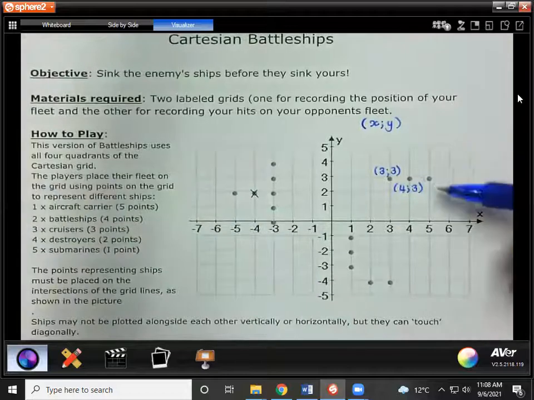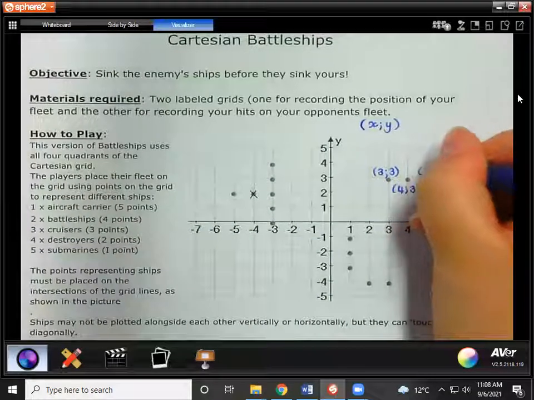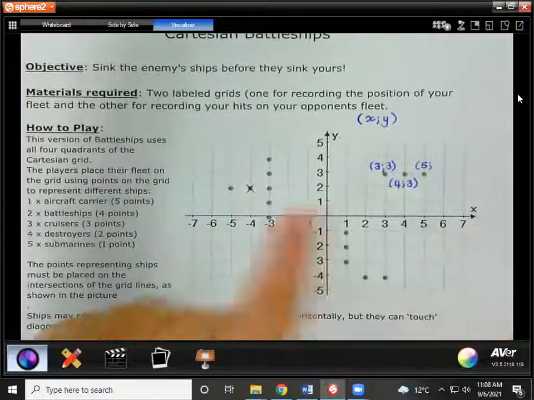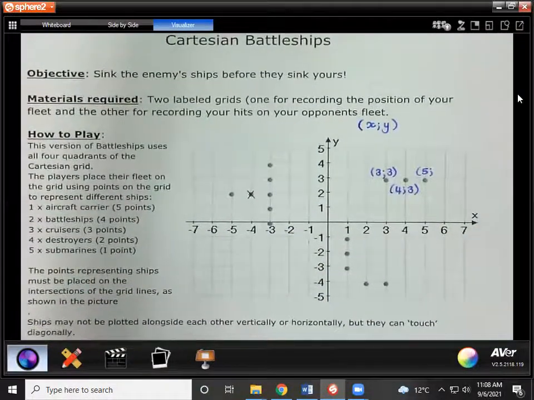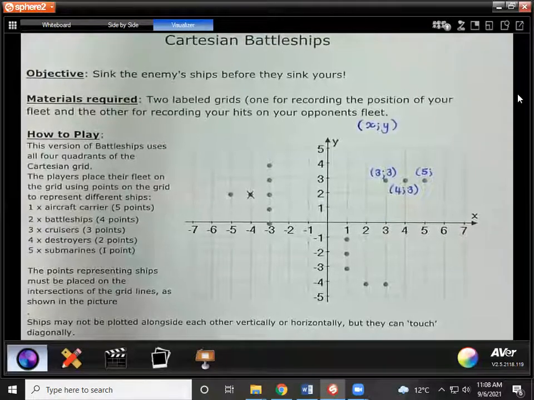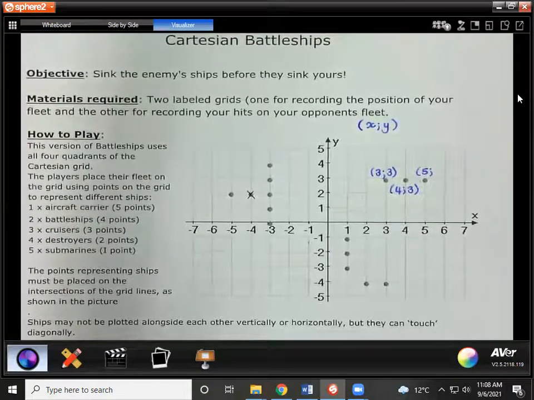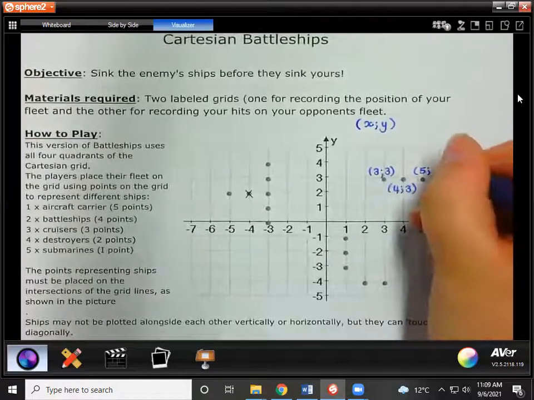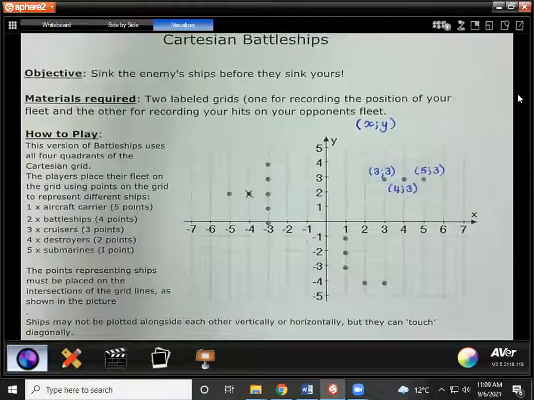The next one is above 5, so that is the X value because it's 5 on the X-axis. The flat axis is always the X-axis. The long axis, the vertical one, is the Y-axis. That is 5, and it is next to 3 over there. Are we fine with those first ones?